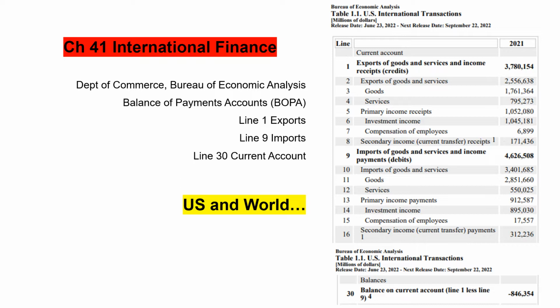The takeaway is that $846 billion of a deficit is a deficit on the current account balance, which for all intents and purposes is the trade balance, which I think is item number 29. But at any rate, that's a quick overview. We're looking at the financial part of the transactions associated with those goods and services being exported and imported, and at that relationship.